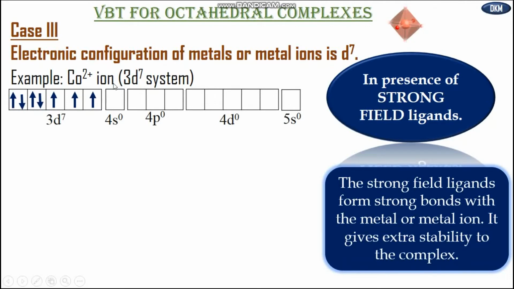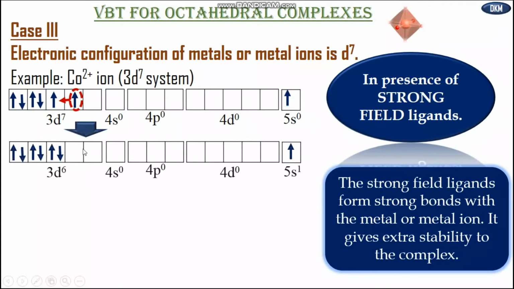In presence of strong field ligand, one electron from the 3d shell is promoted to the 5s orbital like this, and another electron pairs up here. The energy required for these two processes comes from the metal ligand bond stability. And then the electronic rearrangement of Co2+ looks like this.